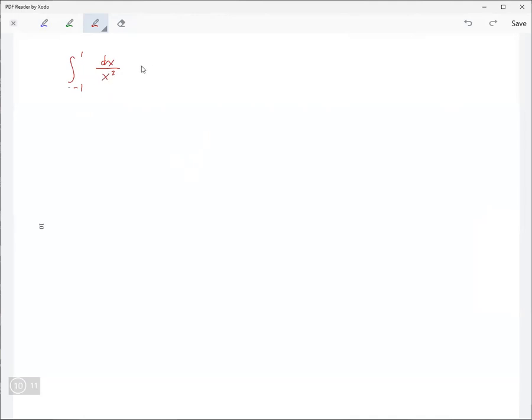Here it has a problem at 0, right? So you'd have to split it up into 2 integrals. That's the integral from negative 1 to 0 of x to the minus 2 dx plus the integral from 0 to 1 of x to the minus 2 dx. And when you add 1 to that exponent, you get x to the negative 1, negative x to the negative 1. So that's basically negative 1 over x evaluated from negative 1 to 0.